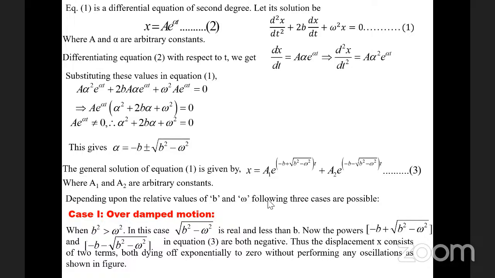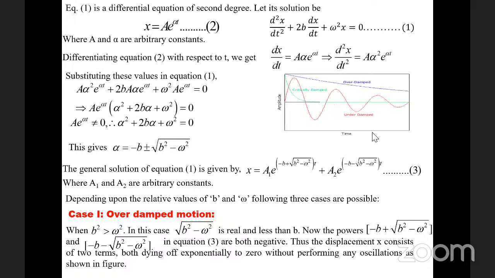So this is the case. You can see here, overdamping, without performing any oscillations. Is there any oscillation observed in this time versus amplitude graph? The blue line indicates no oscillations, completely 0.